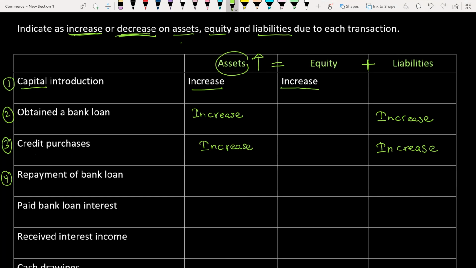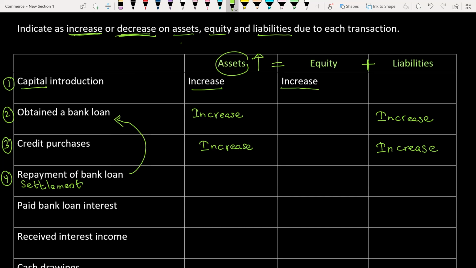Fourth transaction, repayment of bank loan. Repayment means settlement of bank loan. Now what happens if the business settles a part of the bank loan? Our impacts will be the exact opposite impacts of obtaining a bank loan.